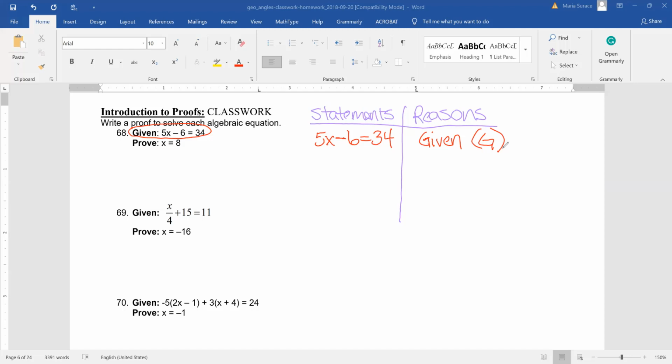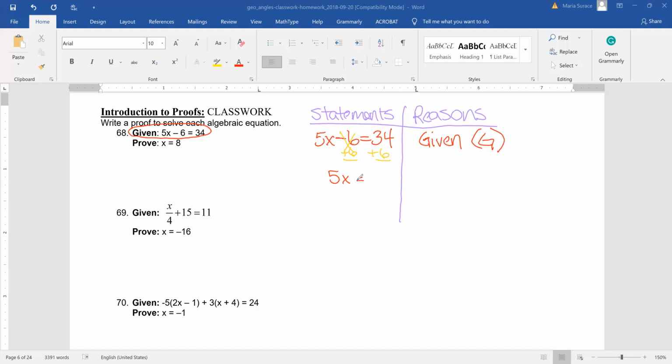Now, the next thing we do is think about what would we do to solve this equation? What would be our first step? Well, my first step to solve this equation would be to add 6 to both sides, correct? This would cancel out the 6 on the left and isolate the 5x, getting the problem closer and closer to being solved.